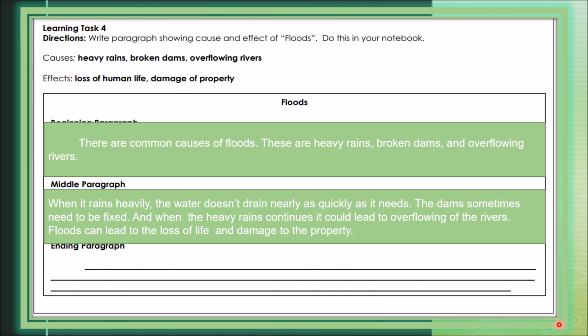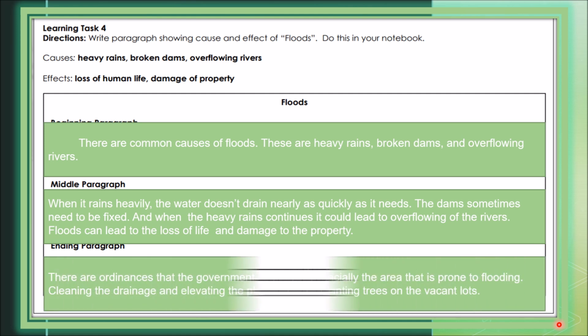Floods can lead to the loss of life and damage to property. For the ending paragraph, there are ordinances that the government is imposing, especially in areas that are prone to flooding: cleaning the drainage and elevating the place, and also planting trees on the vacant lots. You got it, kids? These are samples.